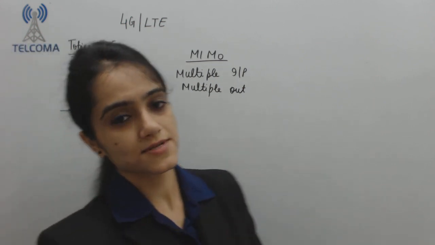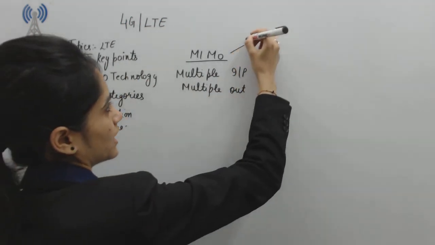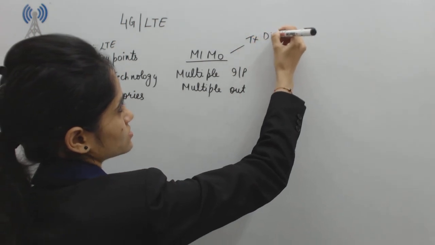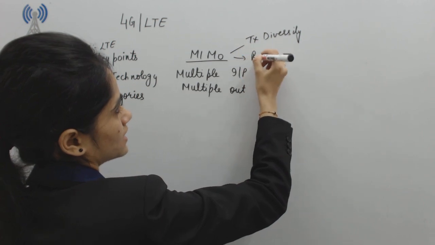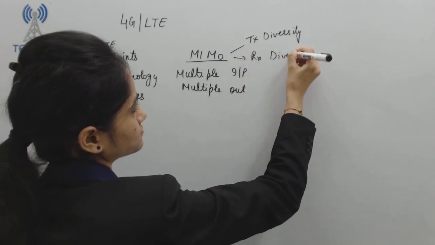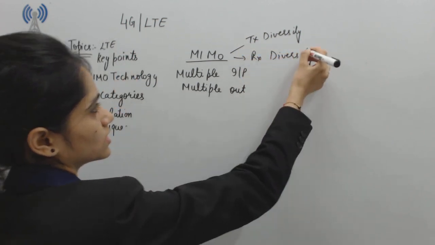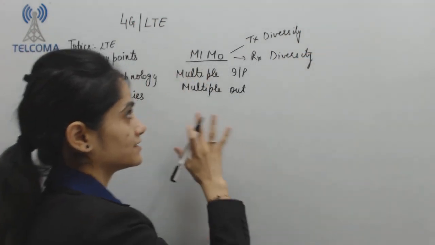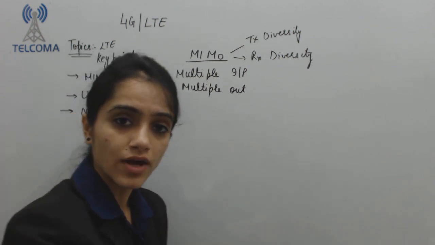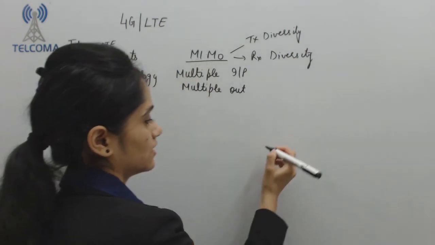Now we are using transmitter diversity as well as receiver diversity. So in MIMO we have TX diversity and RX diversity too, both transmitter diversity and receiver diversity, and this MIMO technology is used by 4G LTE systems.